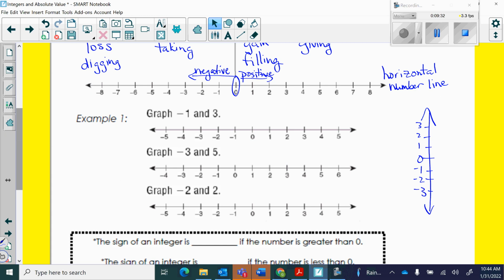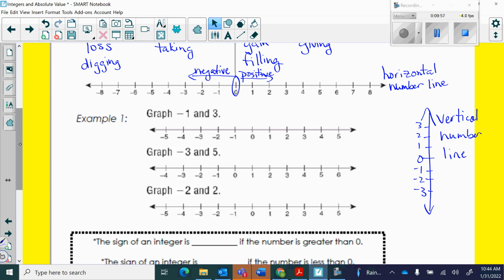Okay? So this is what we call a vertical number line. Now, once we start getting into operations, which we actually won't do this year, but to help you conceptualize operations, a lot of times it's easier to think about it on a vertical number line because that one makes more sense, knowing which direction I'm moving, up or down, for positive or negative.